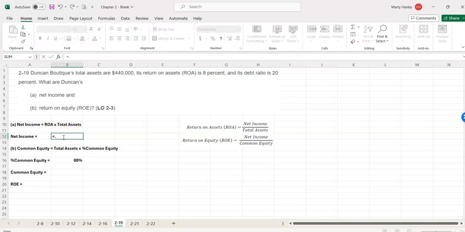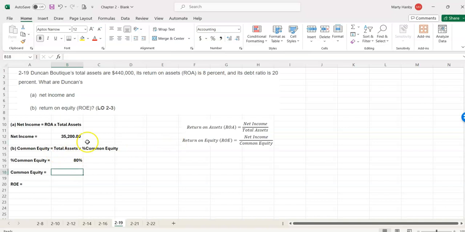So equals 0.08 times our 440,000. One extra zero there. Yeah, so net income is $35,200.